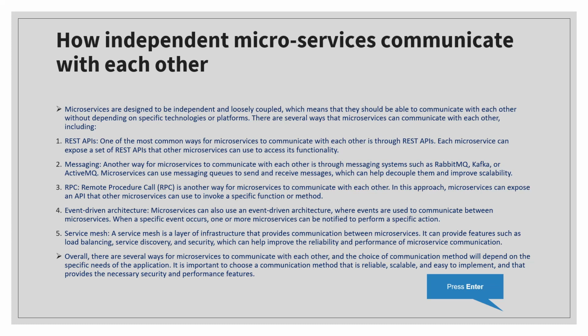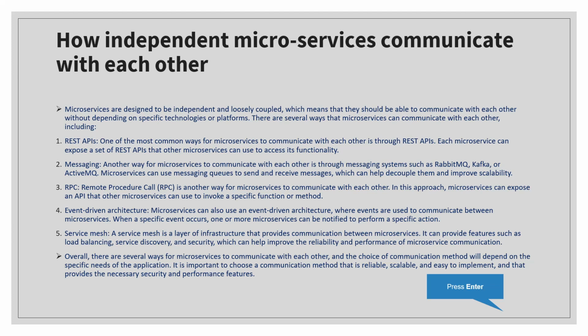Second is messaging. Another way for microservices to communicate with each other is through messaging systems such as RabbitMQ, Kafka, or ActiveMQ. Microservices can use messaging queues to send and receive messages, which can help decouple them and improve scalability. RPC.